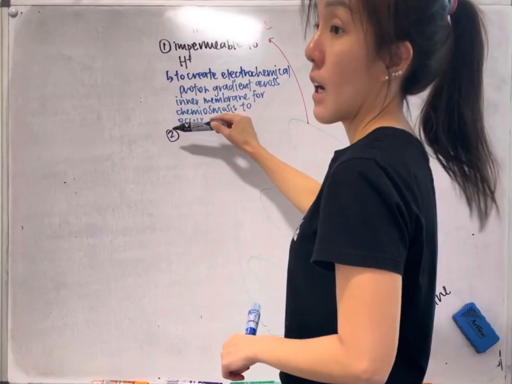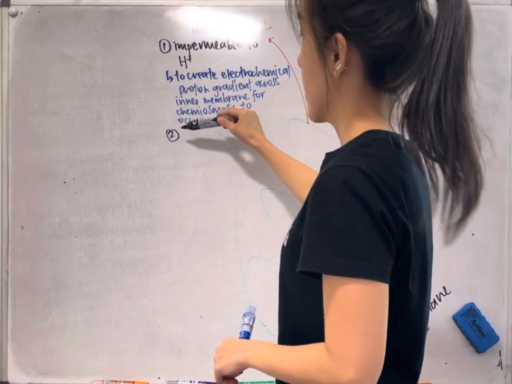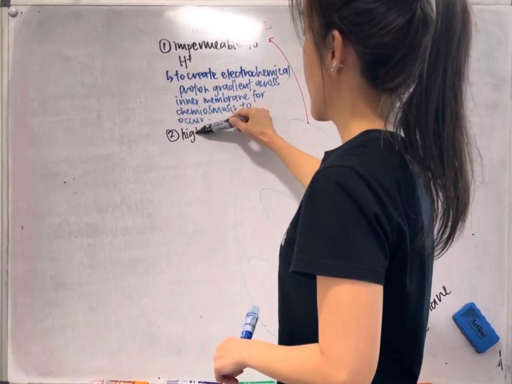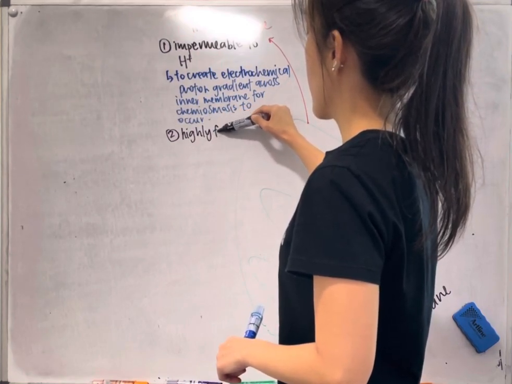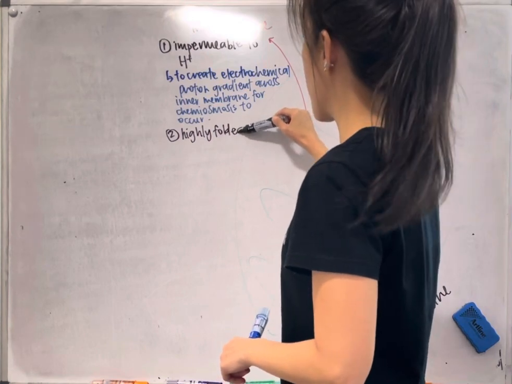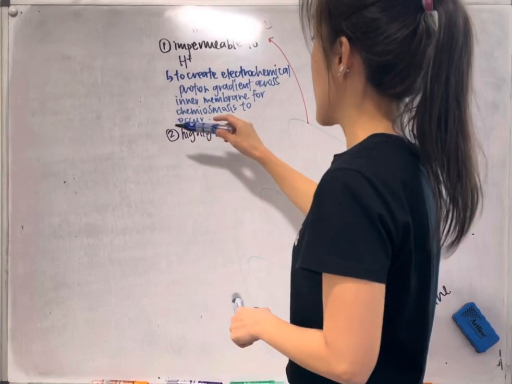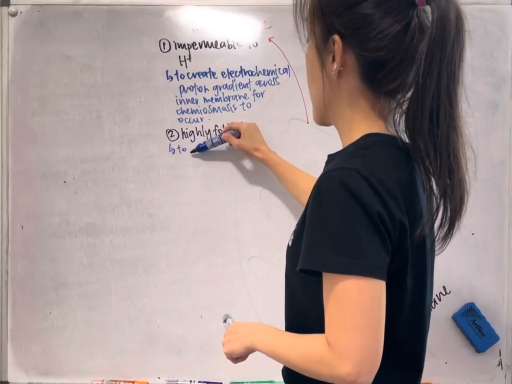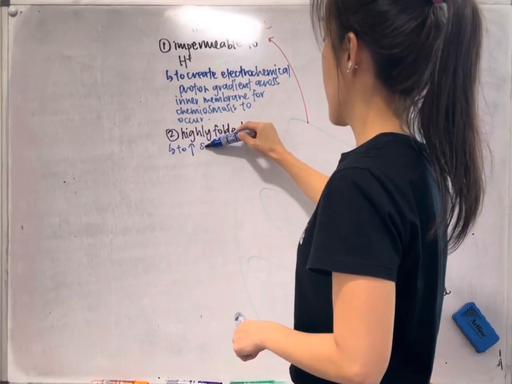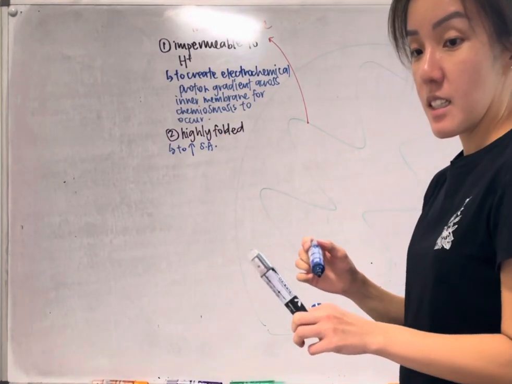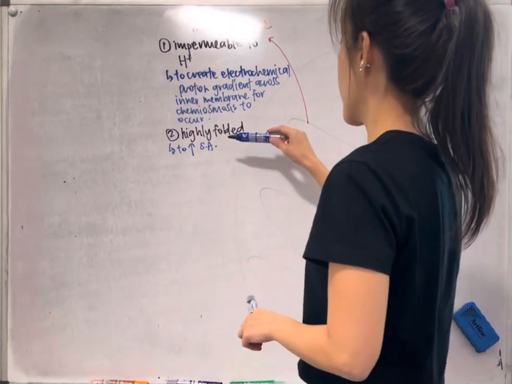It is highly folded, and there are ATP synthase. So why must it be highly folded? To increase surface area for the embedment of the ATP synthase and the electron carriers.